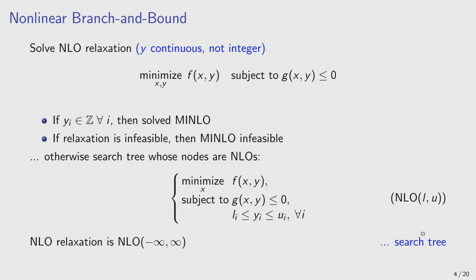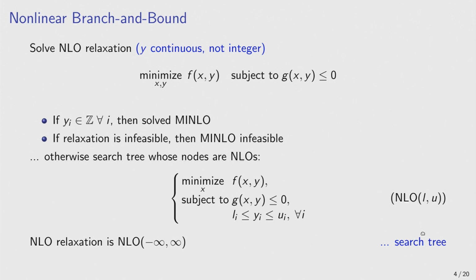And likewise, if the relaxation itself is infeasible, so if there are no continuous points such that the constraints are satisfied, and we had an example earlier when I introduced the infeasibility lemma, then the mixed integer nonlinear problem is also infeasible. So those are the two cases in which we can stop after just solving the continuous relaxation.